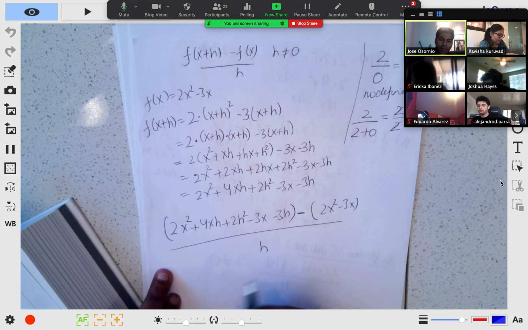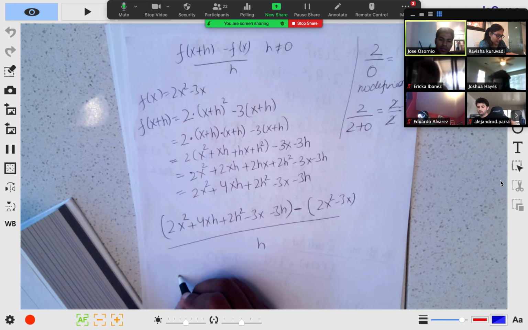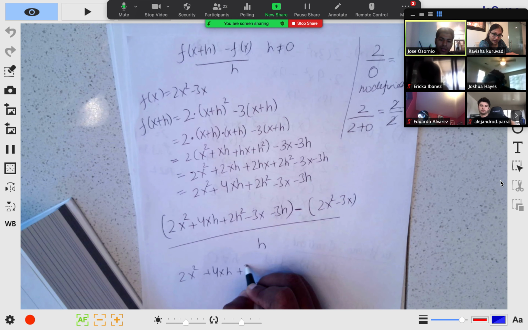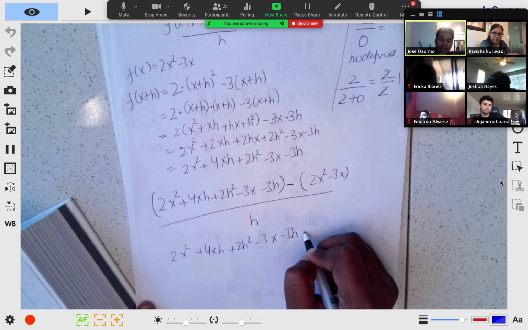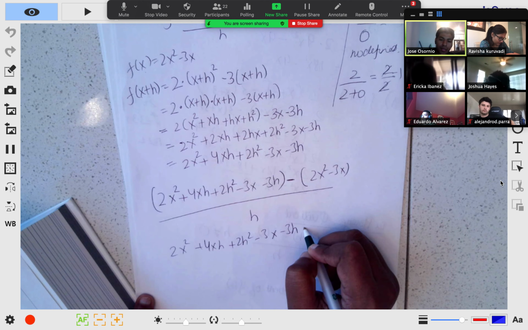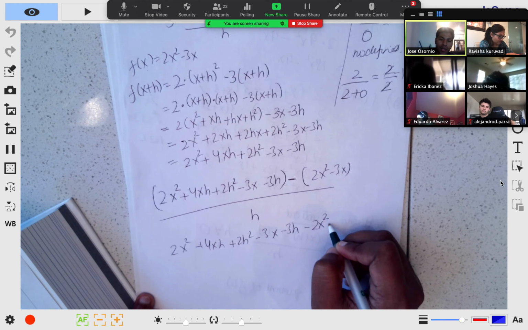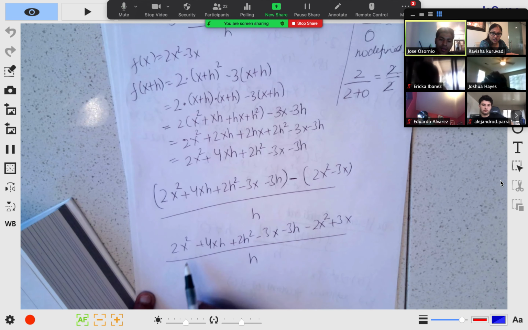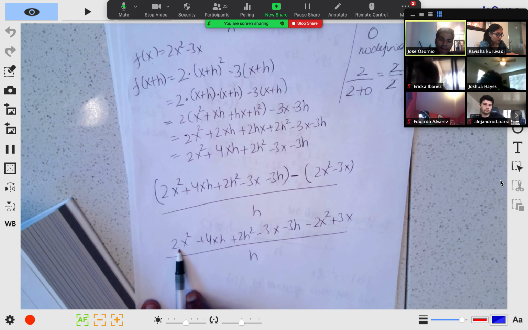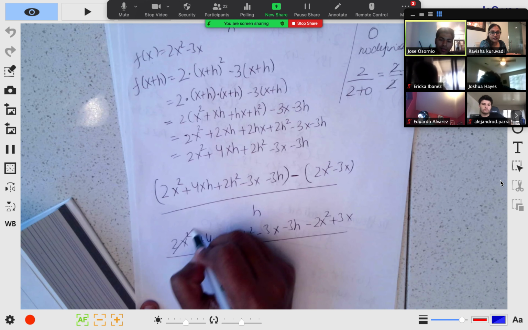Yes, so what does it become? 2x squared plus 4xh plus 2h squared minus 3x minus 3h, then negative 2x squared plus 3x. And then you can combine like terms. 2x squared and negative 2x squared, they cancel.